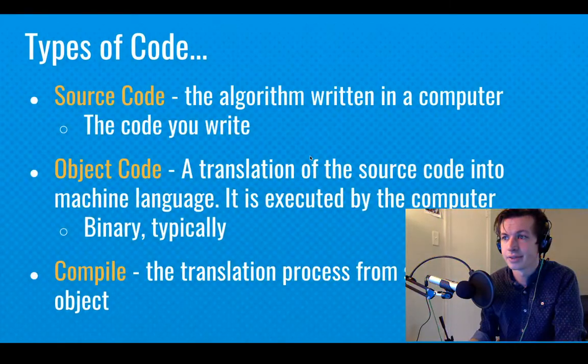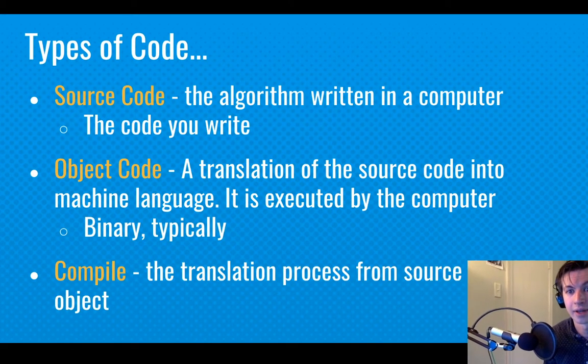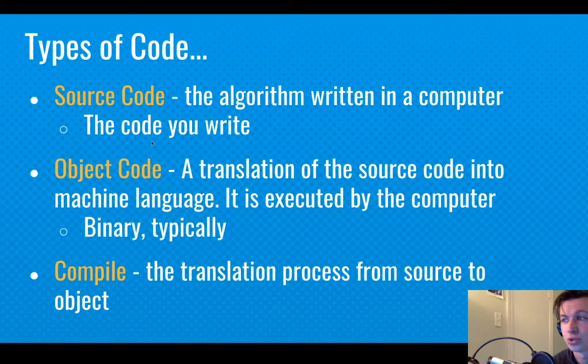All right, some types of code. We've got source code, object code, and then a compiler. So source code, the algorithm written in a computer, the code you write. Object code is a translation of the source code into machine language. It's executed by the computer. So typically it's binary.